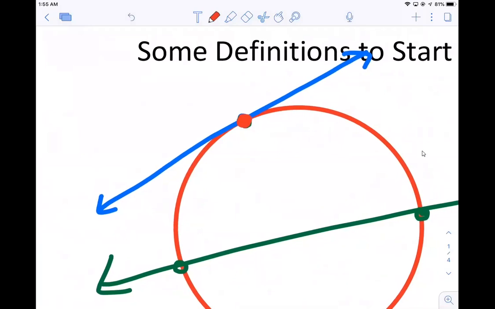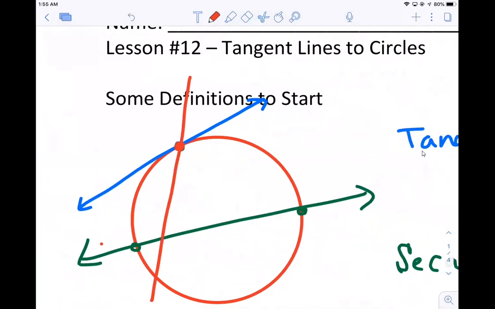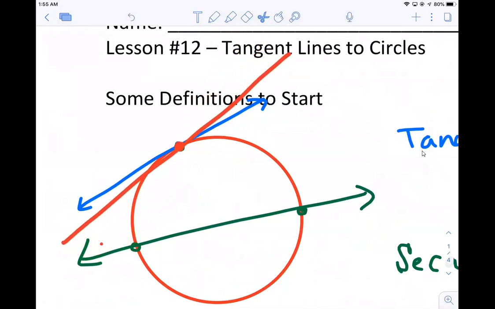Any other line I try to draw going through that point is going to intersect somewhere else. If I take this line and start rotating it around there, you can see it intersects 2 times, 2 times, 2 times, 2 times. Even when it gets really close, it's still intersecting 2 times, just really close to each other.